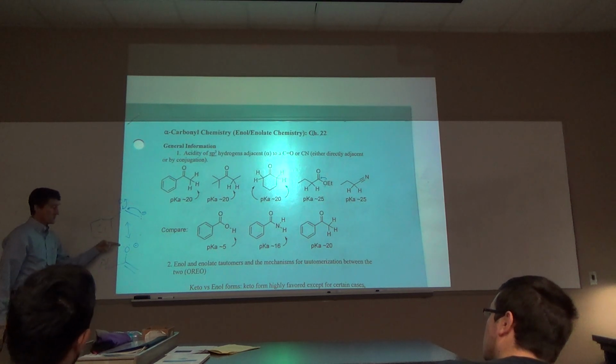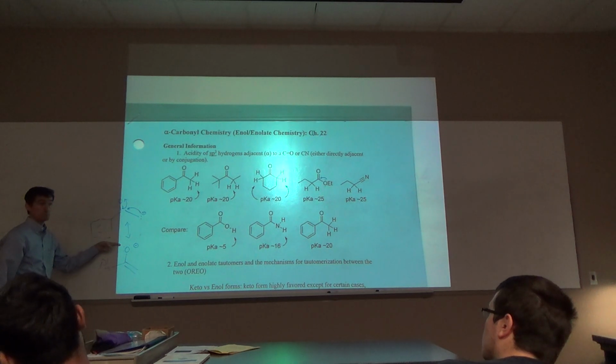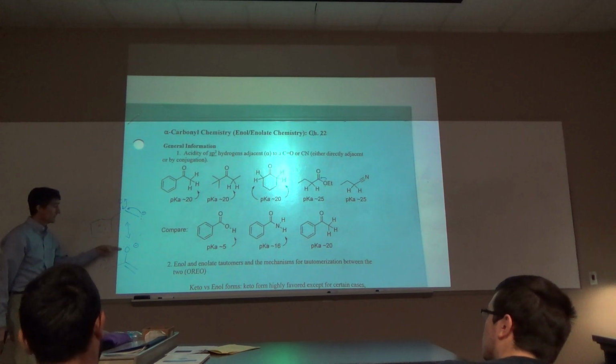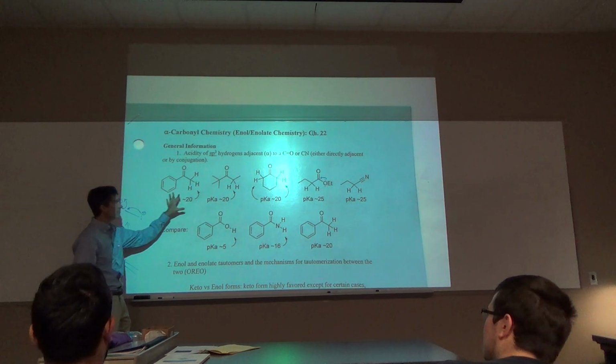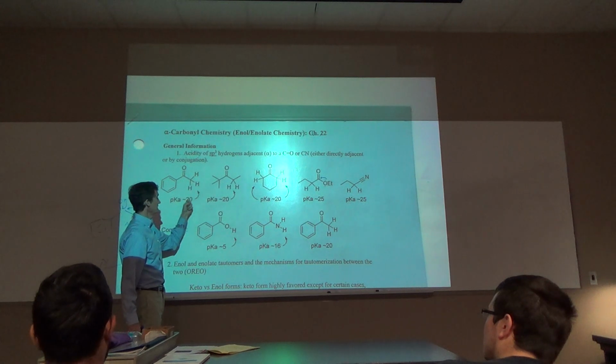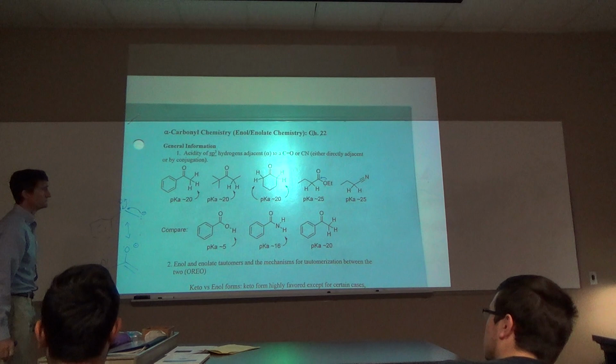And we're actually putting the charge onto an oxygen. Good stabilization. Resonance onto oxygen. Stabilization of the anion makes these hydrogens a touch acidic. Acidic enough that we can do chemistry with them.